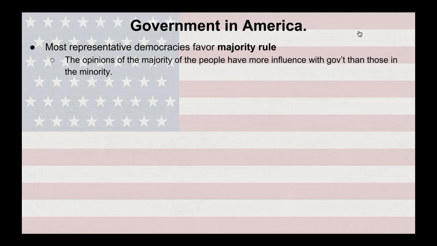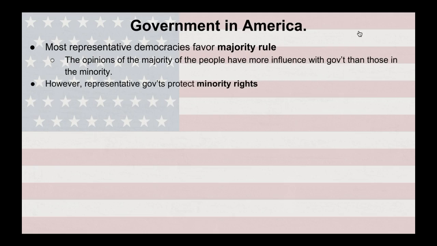In most elections, when the majority votes for a person, that person is elected, right? And so they're going to go and represent us in whatever part of government we've elected them to, and they are sort of going to represent the majority of the people's ideas.